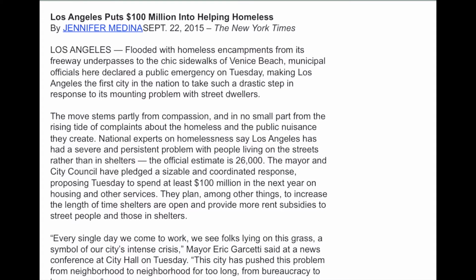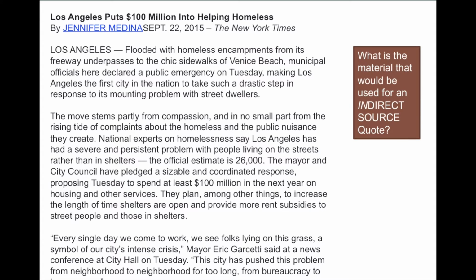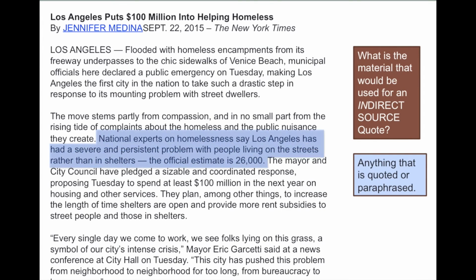So when we look back at this Medina article, what material here would be for an indirect source? Again, it would be anything that is quoted or paraphrased. So anything that is not Medina's own words or her own ideas. So the first thing would be this paraphrase where she's mentioning what national experts say and they're giving a statistic. The next would be where the mayor and the city council have pledged this information.